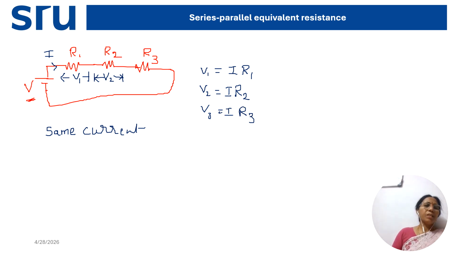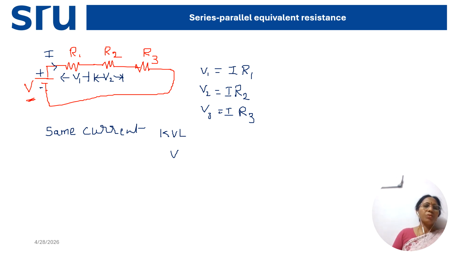Now here I am applying Kirchhoff's voltage law. The algebraic sum of voltages in a closed circuit equals 0, and this is the voltage source capital V, with the polarities minus and plus. The first element is the voltage source V, and the second element is a resistance, and the direction of current is clockwise.